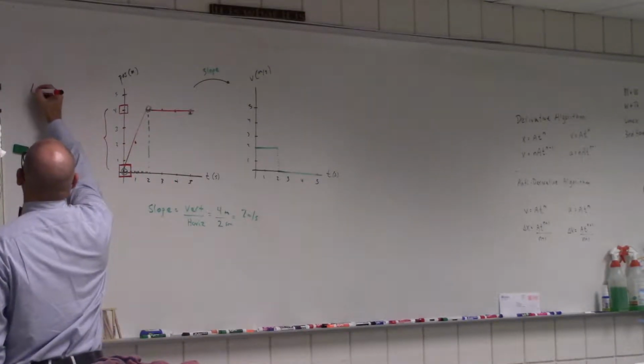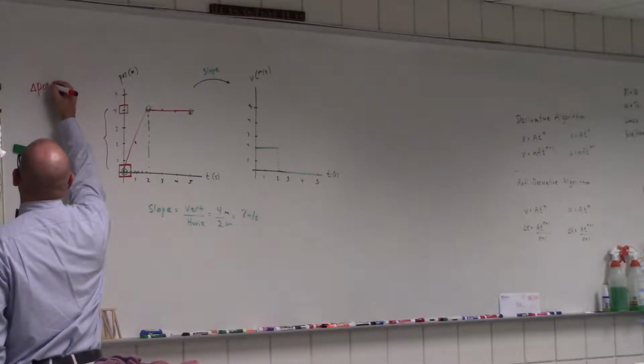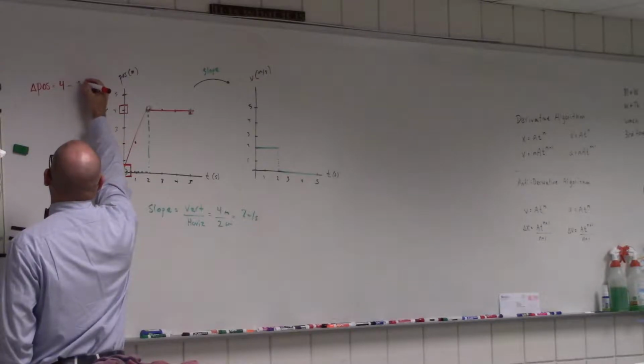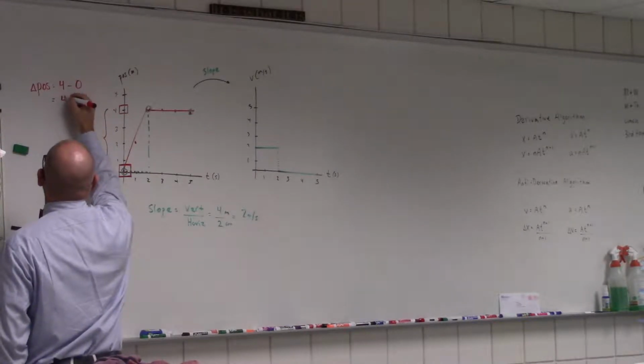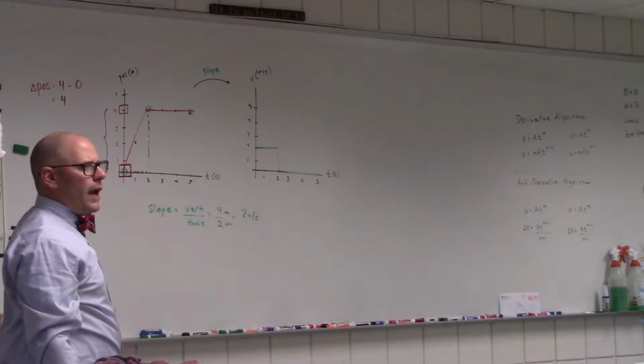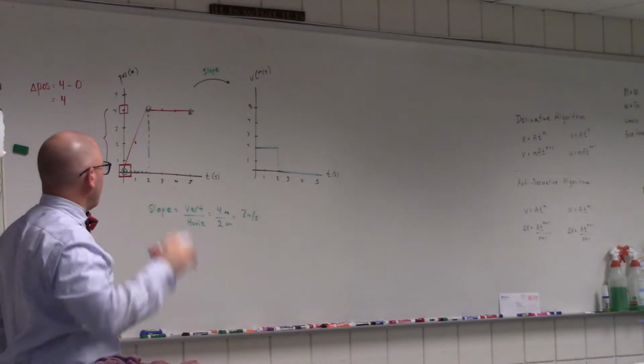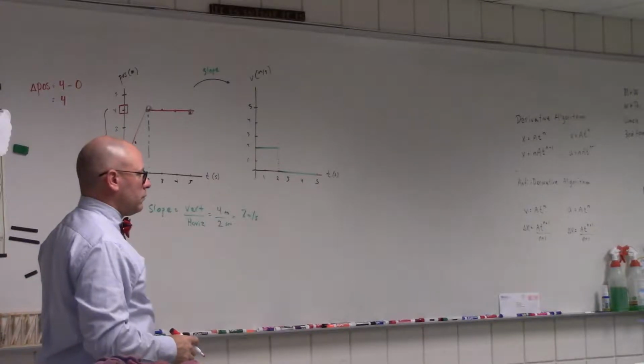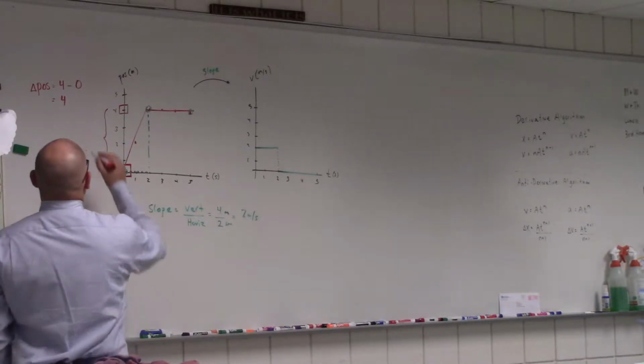Remember, to do the change in position, you do the final position, subtract off the initial position. 4 minus 0 is 4. And what are the units on the position change? How far did your object go? 4 meters.